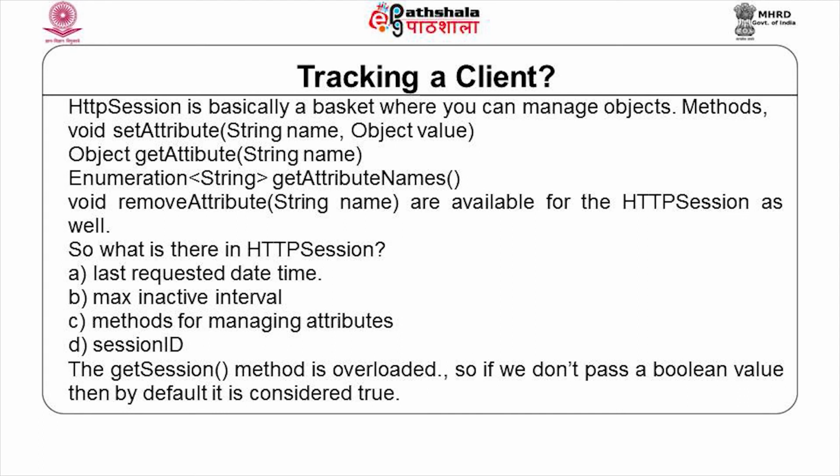Whenever a response is given to him, if he asks, show me my cart, that list is available from that session, and you could format a page where you show the list of things already added in that cart. If he says add this to the cart, you create an object for the product and add it into that list. So you can manage a cart simply by using a list object as an attribute in your HTTP session. So HTTP session can have attributes. What are the things in HTTP session?